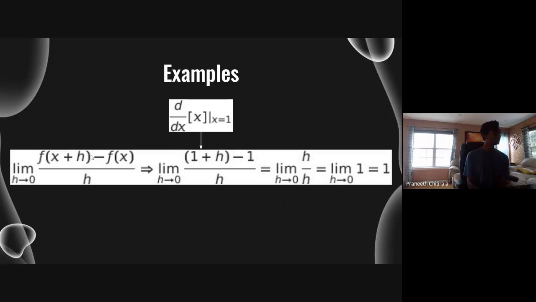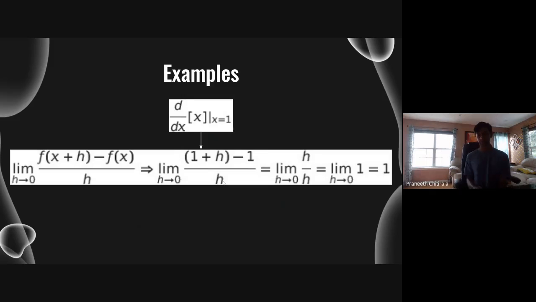So let's use the derivative definition to find out this value. Since we have x equals 1, we're finding the derivative of x at x equals 1. We'll substitute 1 for x, and we'll substitute x for f of x here. I combined those both in one step, and then you get 1 plus h minus 1 all over h.